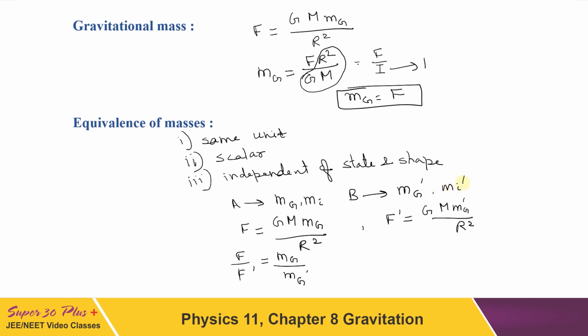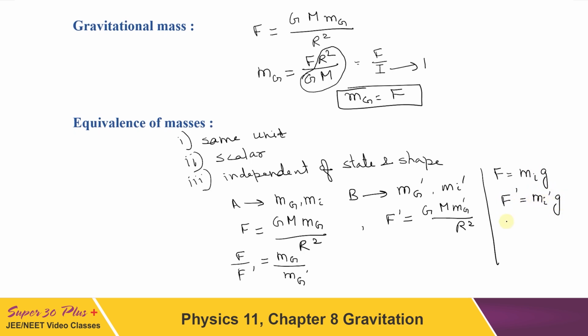Then if we consider that both bodies are allowed to fall in vacuum from the same place under the action of gravity, where acceleration due to gravity can be written as small g, then we can write F equal to mi g and F dash equal to mi dash g.